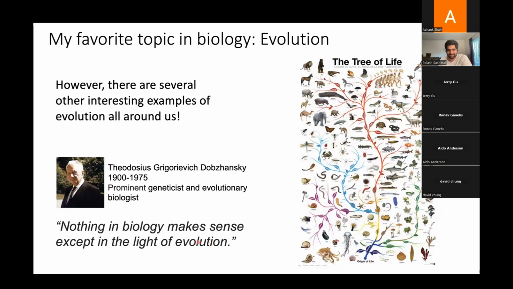The title of the essay is "Nothing in Biology Makes Sense Except in the Light of Evolution." It's written by a very prominent geneticist and evolutionary biologist. I highly recommend you check it out if you have a chance. This essay was written in 1973, and I think it's written for the general public, so you should be able to get the gist of it.